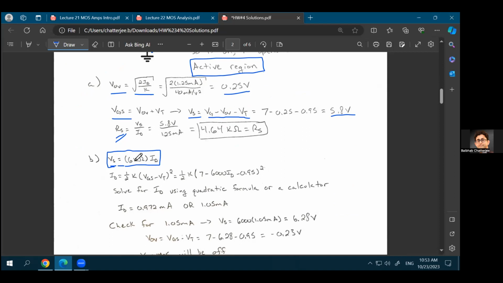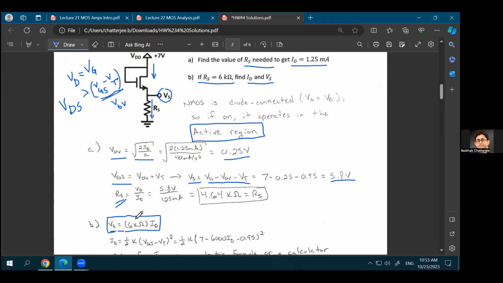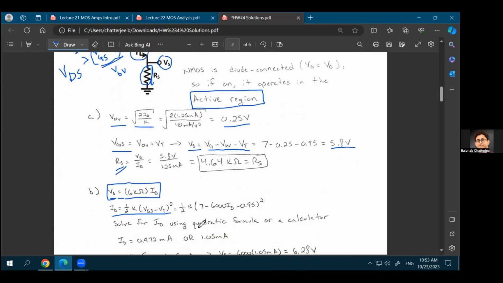So that's just from Ohm's law, that the voltage VS will be equal to the resistance RS multiplied with the current that is flowing through it. You can also write down ID as K over 2 times VGS minus VT whole square. That's from the equation of the MOSFET. So we have one equation from Ohm's law and the other equation from the property of the MOSFET, that ID equals half K times VGS minus VT whole square.